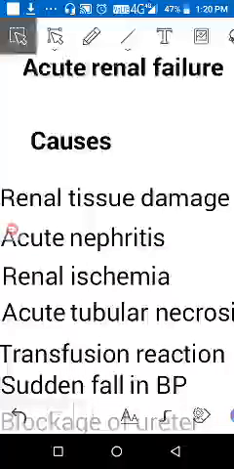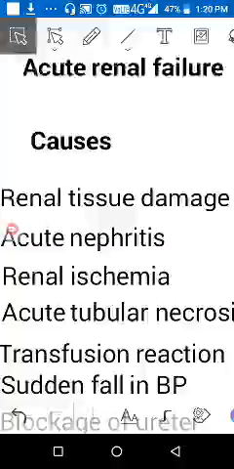Next one is acute nephritis. What is nephritis? Nephritis means inflammation in the kidney. If the kidney suddenly becomes inflamed, it is known as acute nephritis. It can be caused by bacterial infection.